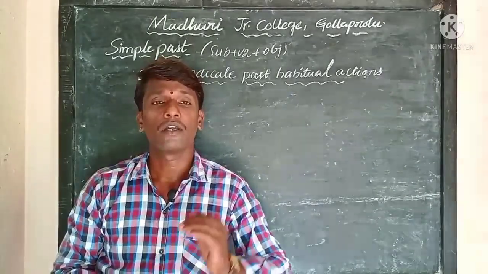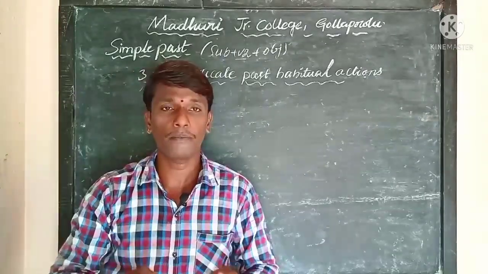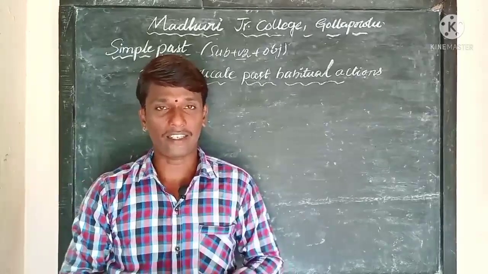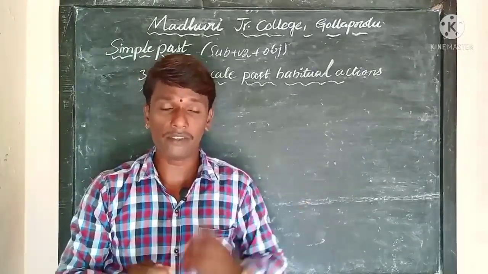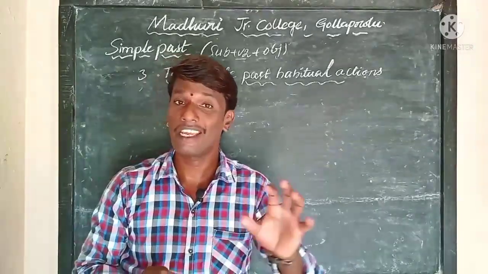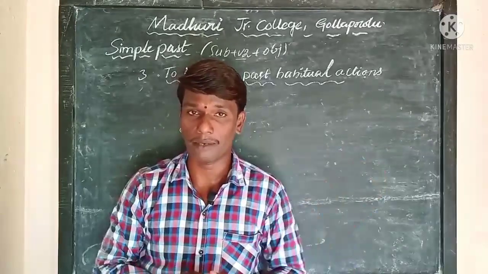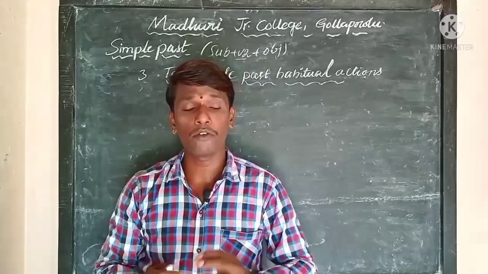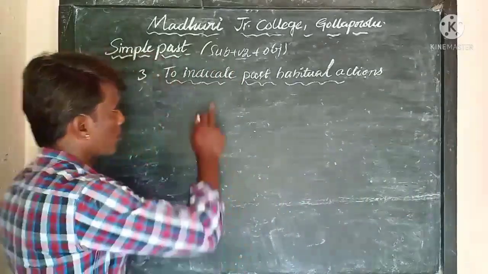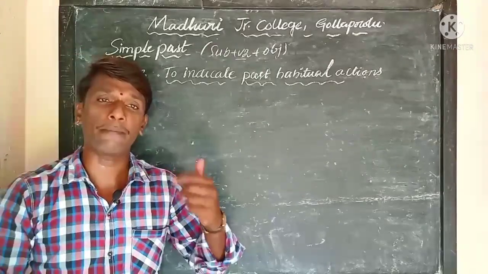That means when you were in your childhood days, now you are grown up, now you are studying in intermediate. How you were in 10th class, in 7th class, in 6th class, or in primary school. What were you doing regularly in your past time? That should be expressed using simple past tense. So this is nothing but past habitual actions.